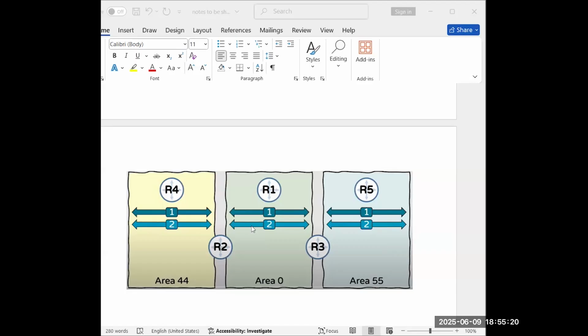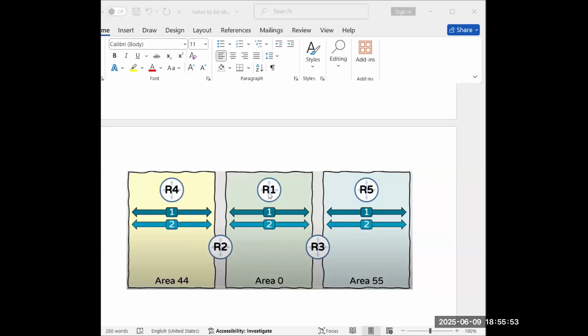What are the different types of LSAs we are going to see is going to cover the multi-area concept only. So remember, LSA type 1 is going to send updates within this area. Only LSA type 1 is going to be sent between these two routers, R4 and R2. This type 1 LSA of area 44 is not going to be advertised to this area or to this area.